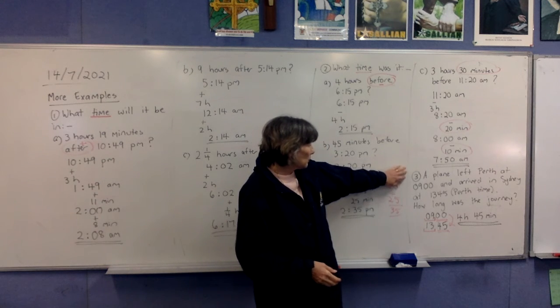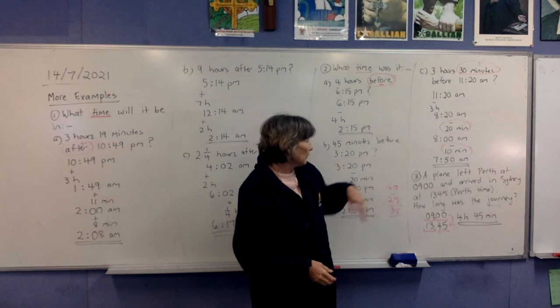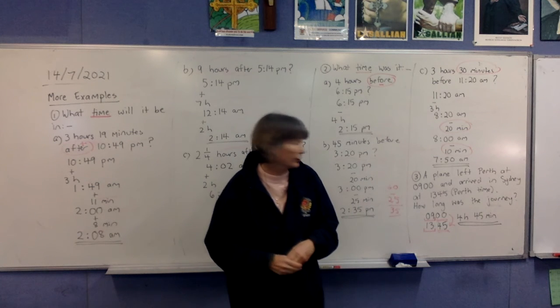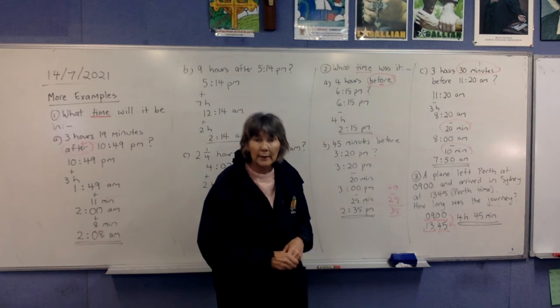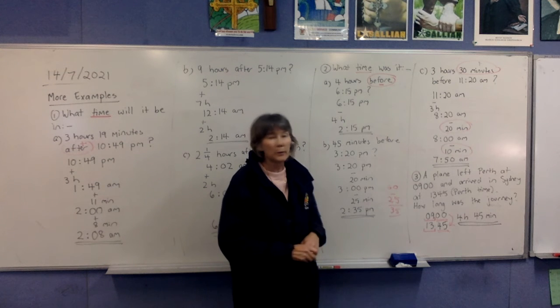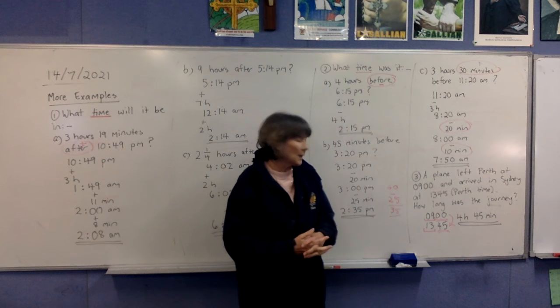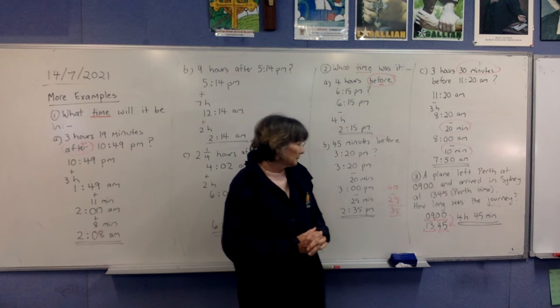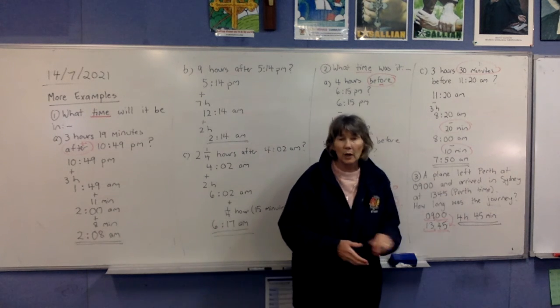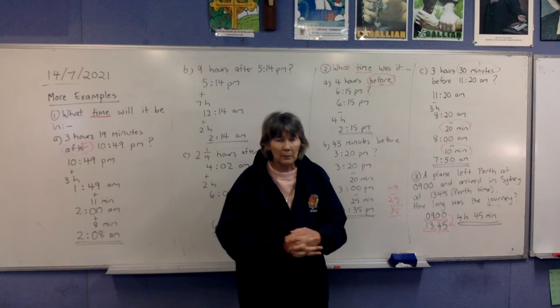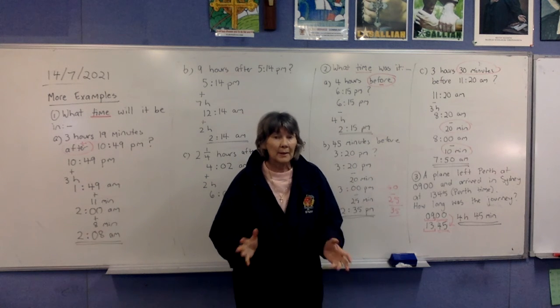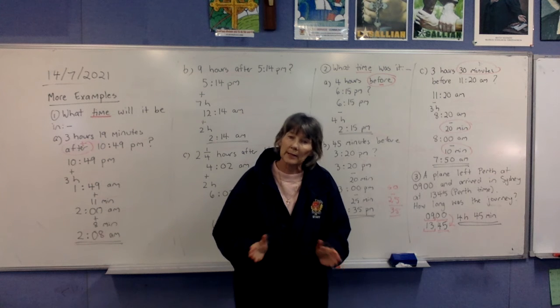So just looking at one word problem we have here, we have a plane leaves Perth at 0900. It's 24-hour time. And it arrives in Sydney at 13:45. Now they've written down Perth time here. That's because some of your parents might go, oh, well, there is actually a time difference between us and Perth.